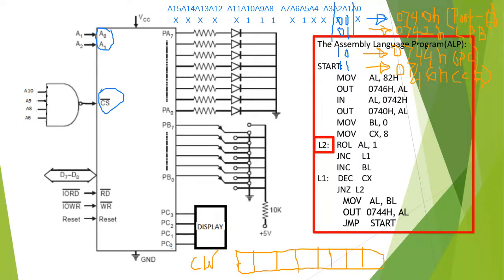First of all, let us discuss the problem here. Port A is connected to 8 LEDs and port B is connected to 8 input switches. They can be 1 or 0. And port C lower, PC0 to PC3, is connected to a 7-segment display.